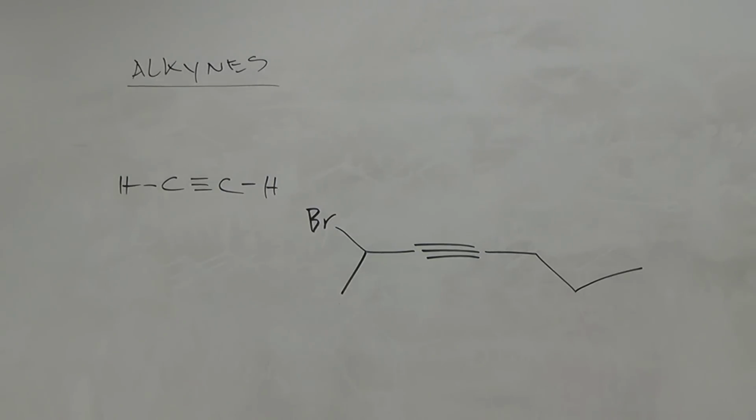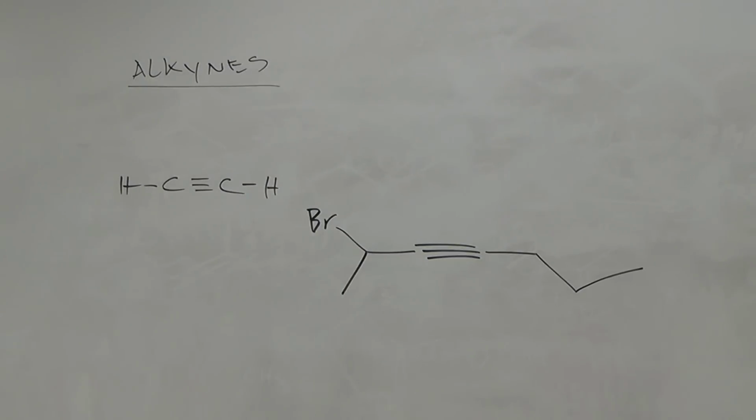And then at the top, what's the name? It's 2 bromo, it's on the first part of your count. You can put the 3 in front of the name, or the 3 in the middle before the ending. Does it matter?